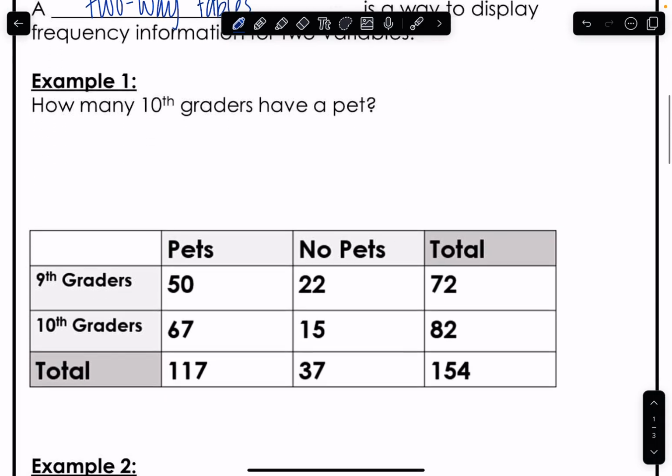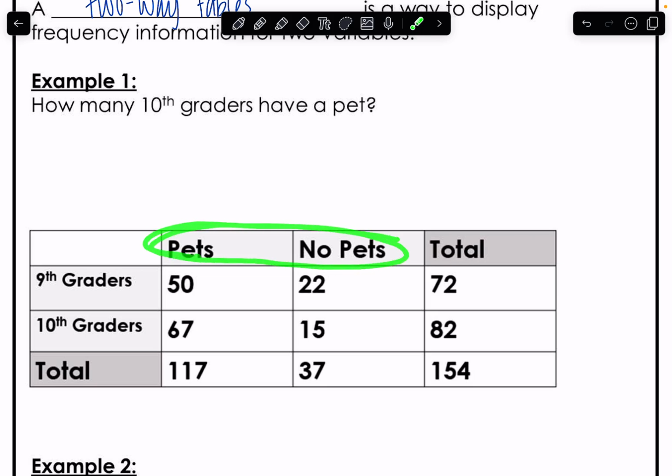Okay, let's just start off pretty easy here and make sure we can understand how this table works. So my question is, how many 10th graders have a pet? Two-way tables mean I'm going to be giving multiple types of data points. In other words, we are asking maybe two questions, or we have two different categories.